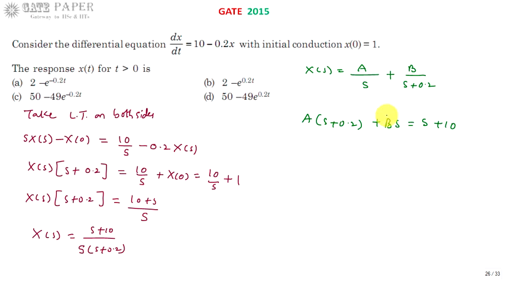All s terms should be equated and all constants must be equated. So this is (A + B) times s + 0.2A is equal to s + 10.